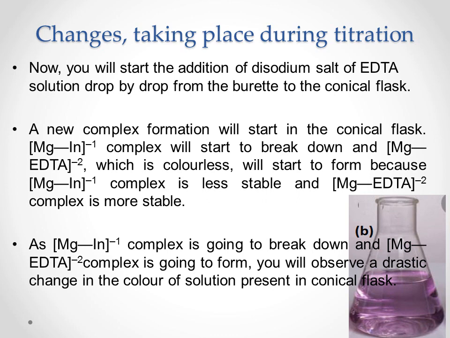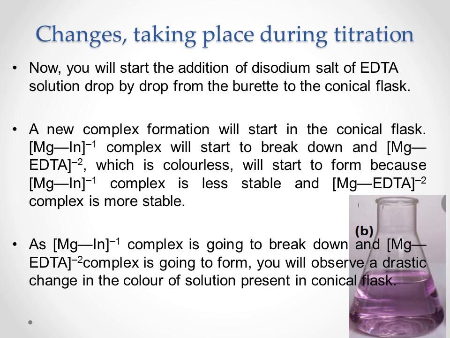So pink or red, and free indicator that is blue in color. Pink, red, and blue, that will give you a combination of these colors. A combination of these colors will give you the purple color in the conical flask for a while.